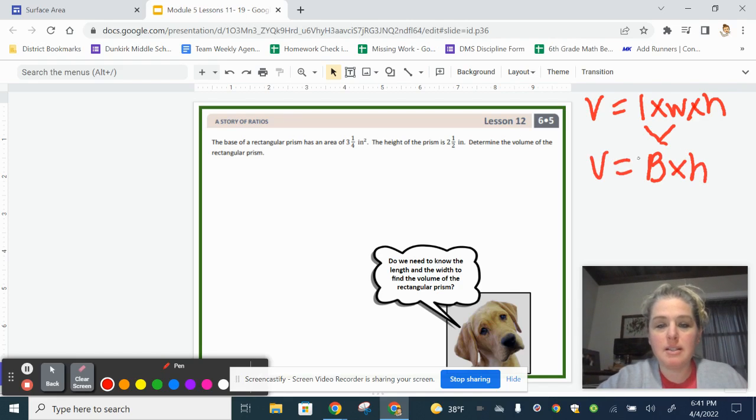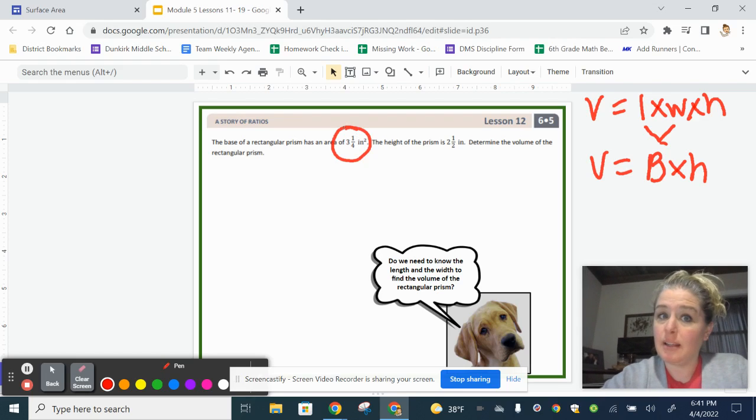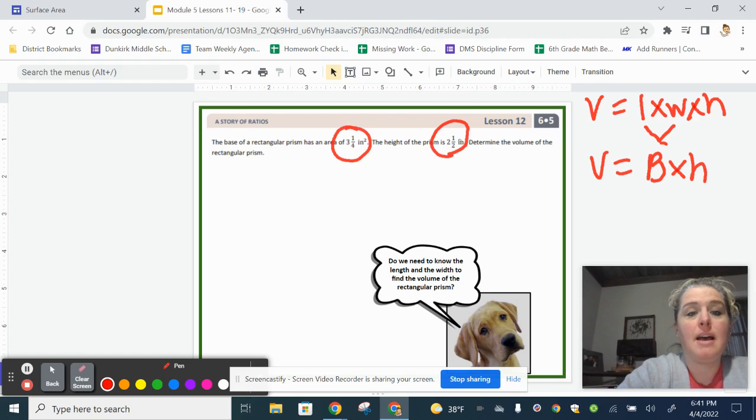These two formulas are the same thing. We sometimes hope that we get this one, because that means the length and the width have already been multiplied for us. So in this case, it has happened. We already have the length and the width multiplied. And now I just need to multiply it times the height.